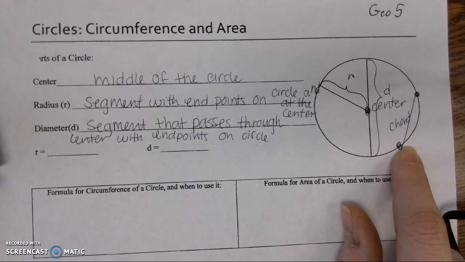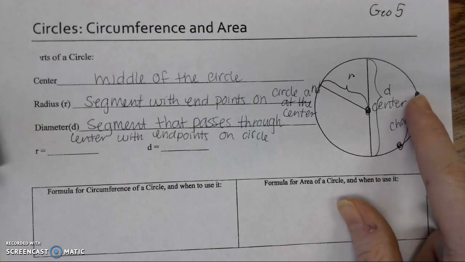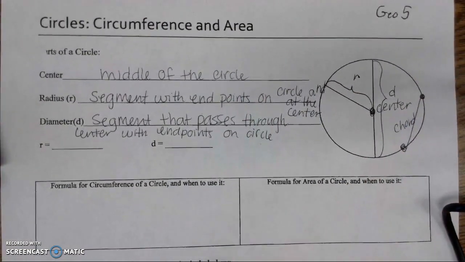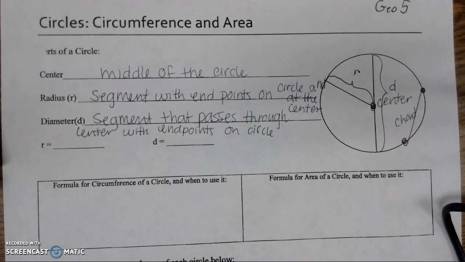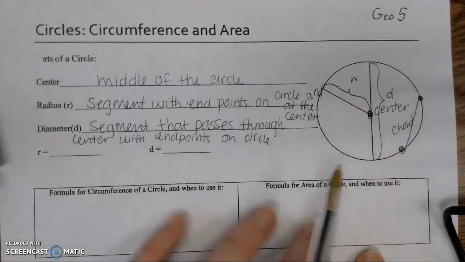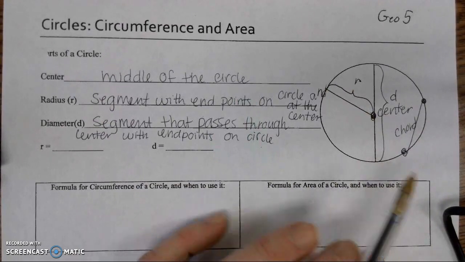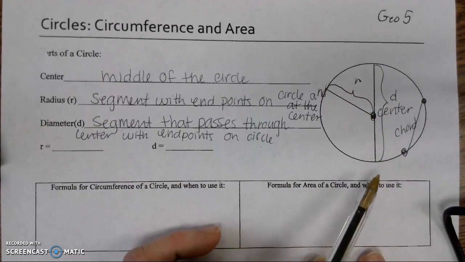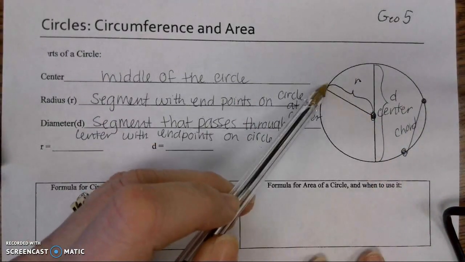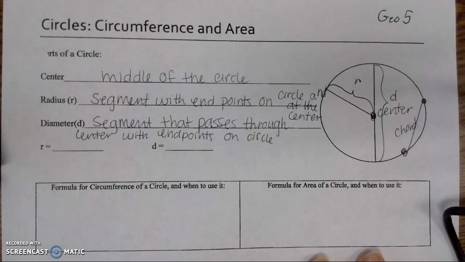As you can see, we have 2 points connected and there's our line segment. Obviously you can see that this chord does not go through the center. In order for it to be a chord, it does not have to pass through the center like the diameter or the radius. So that's just another thing that you need to know about circles.